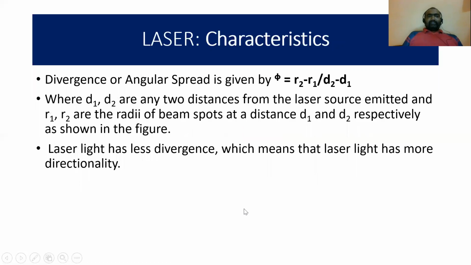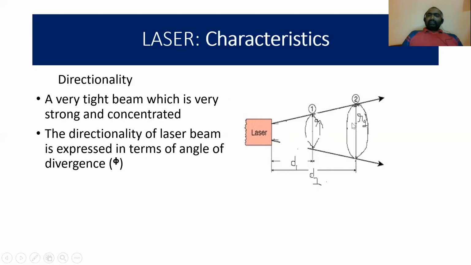Let us see what it is. Divergence or angular spread is given by phi equal to R2 minus R1 divided by D2 minus D1. Here D1 and D2 are any two distances from the laser source, and R1 and R2 are the radii of beam spots at distances D1 and D2 respectively, as shown in the figure.